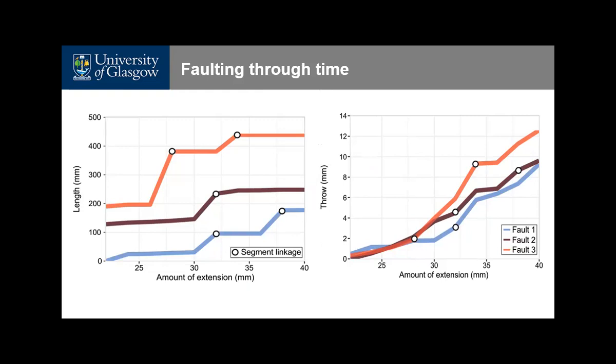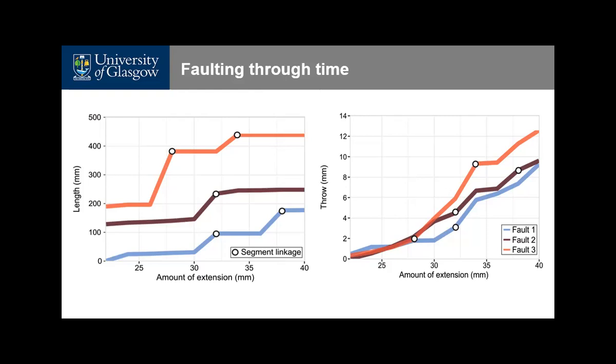So what was happening, these faults, so this is length, they lengthen just a little bit. It goes up from 0 up to, maybe 30, or a little bit higher. And then we get a breached relay ramp. It connects with the next segment, and that's where we get that jump.